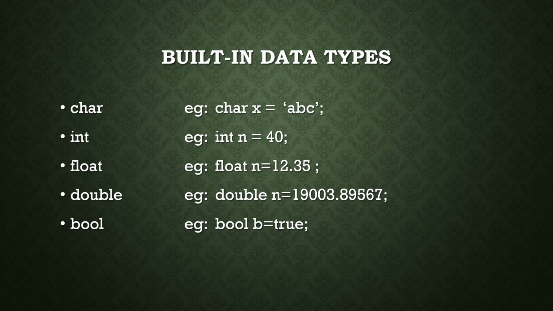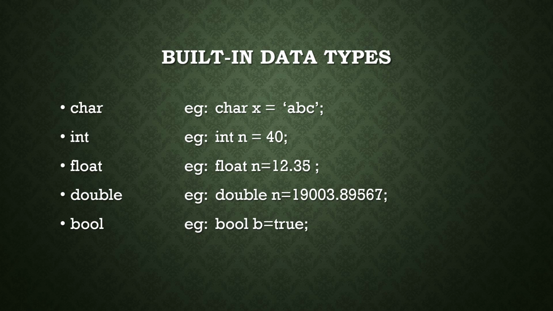The keyword is float. For example, float n is equal to 12.35, or float x is equal to 13.97, whatever you want to write, but you have to take the data type as float.